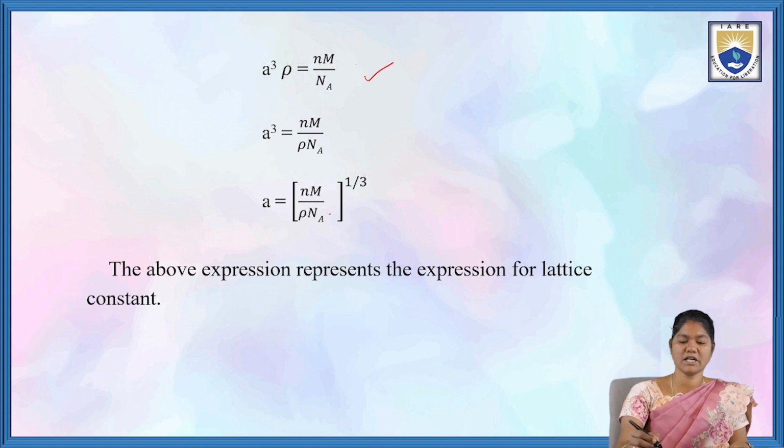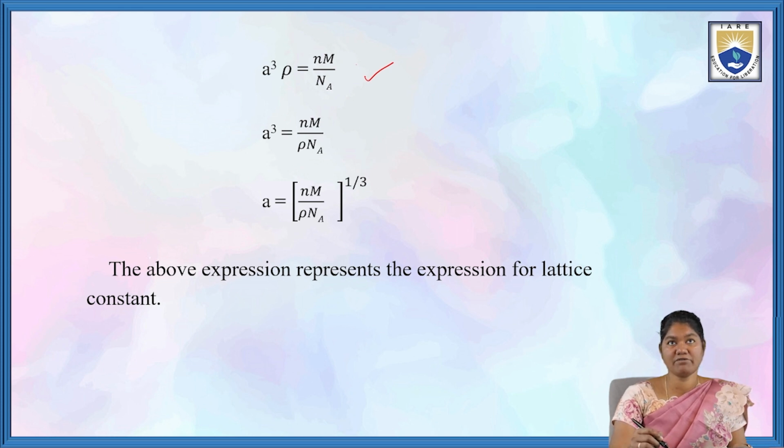As you know, a cube is the volume of the unit cell, rho is the density, n is the number of atoms in that unit cell, M is the molecular weight, and Na is the Avogadro's number.